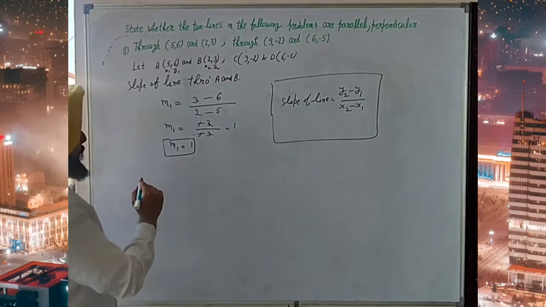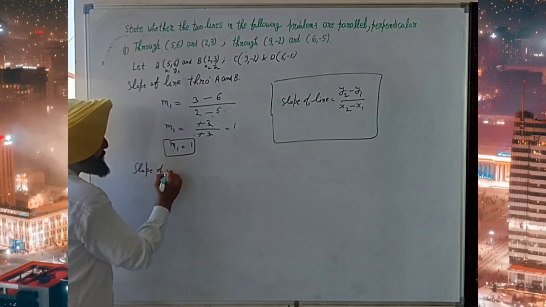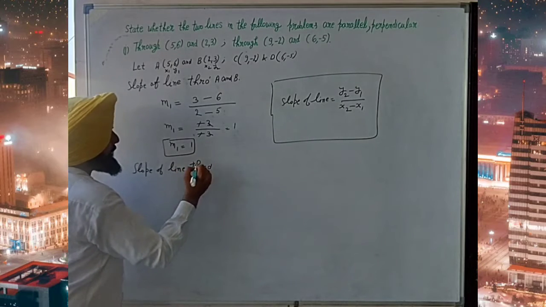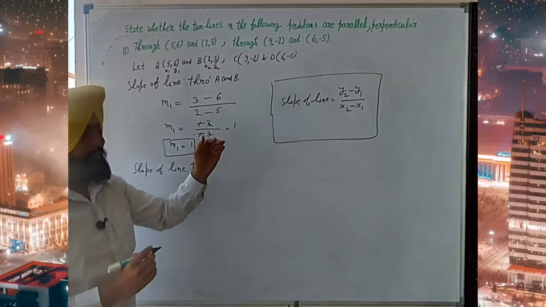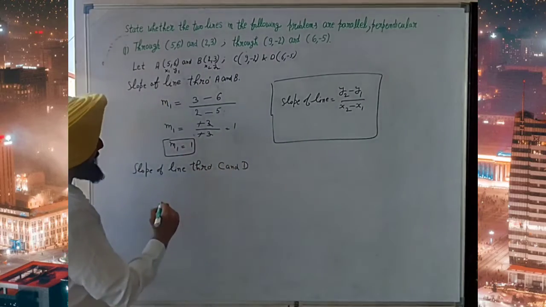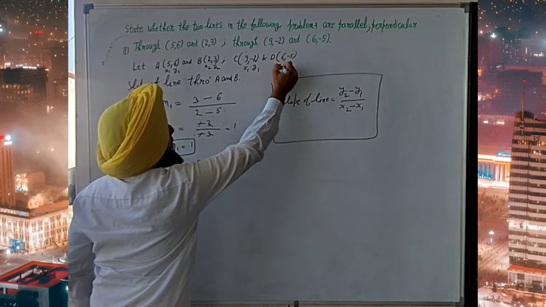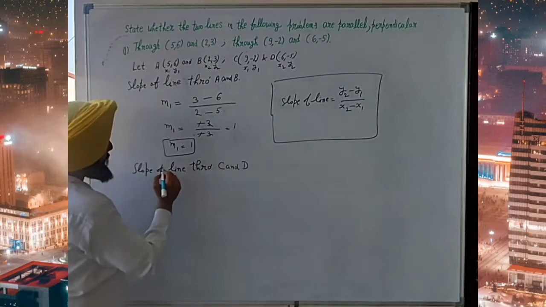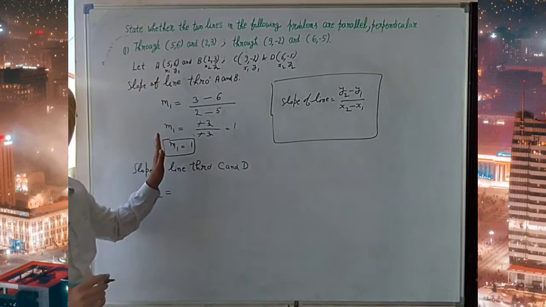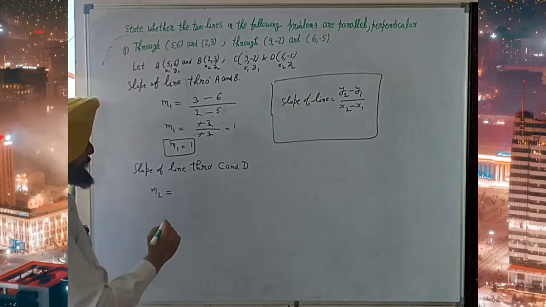Now slope of line through C and D, that is x1 y1 x2 y2. So M2, I named the slope of the first line M1 and the slope of the second line M2.